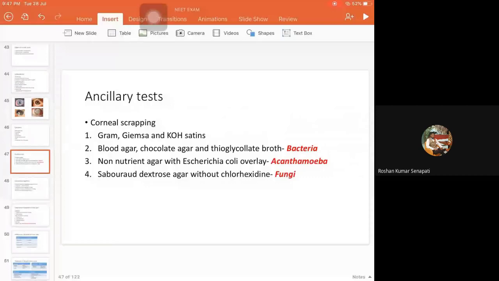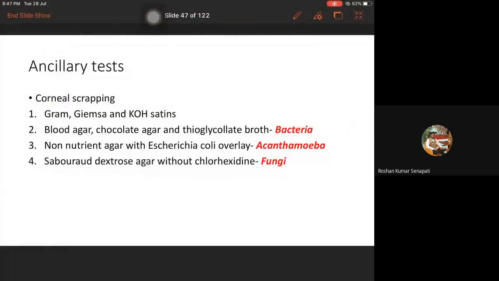Here, for bacteria: blood agar, chocolate agar, or thioglycolate agar. For acanthamoeba, this is very specific, you have to remember: non-nutrient agar with Escherichia coli overlay.